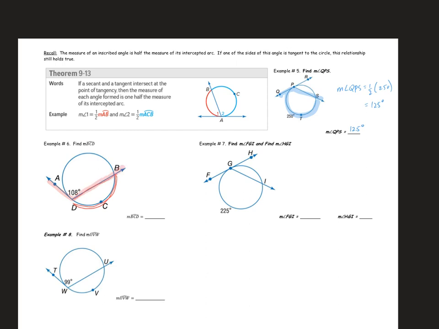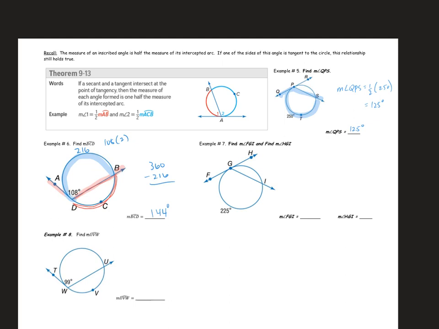So that means arc DAB is 108 times 2. So 108 times 2, that's 216. So now I have to do 360 minus the 216, and you're going to get 144.